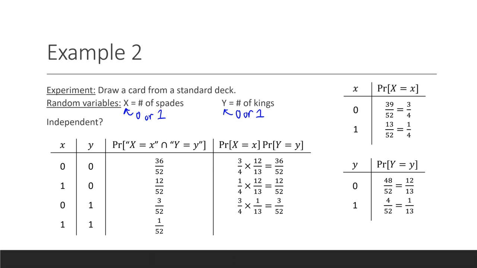And in this last row, there's only one card which is both a spade and a king. And over here we have 1/4 times 1/13 is 1/52, apologies. So looking at these two columns, they are the same, and therefore, yes indeed, the two random variables x and y are independent.